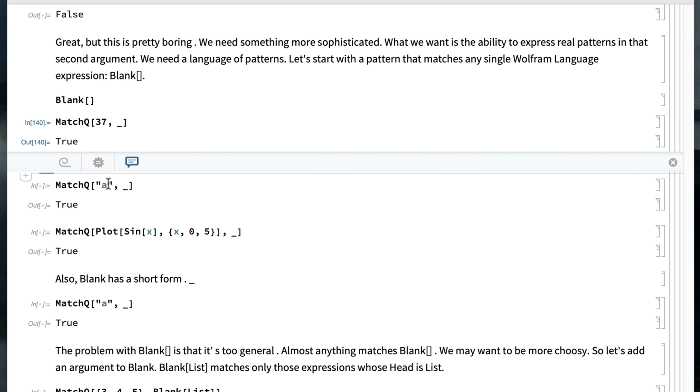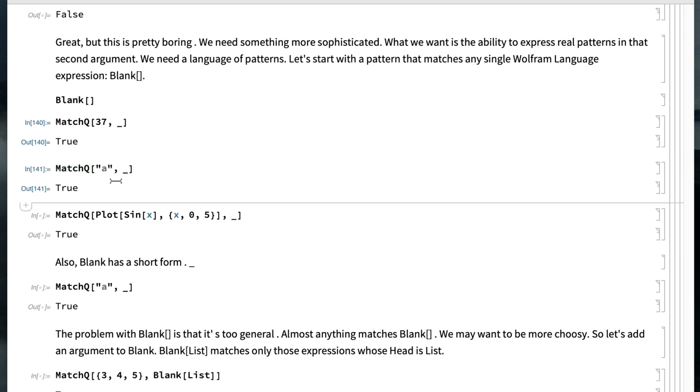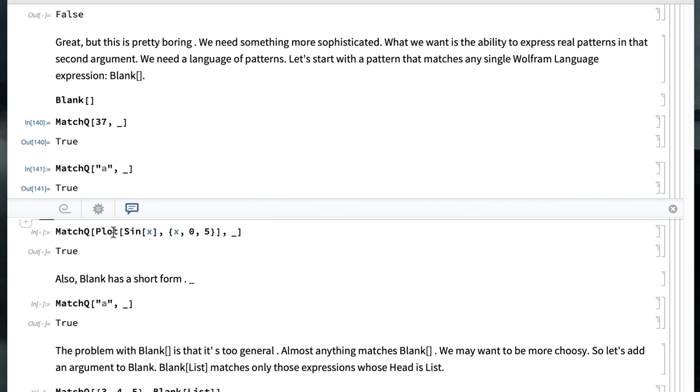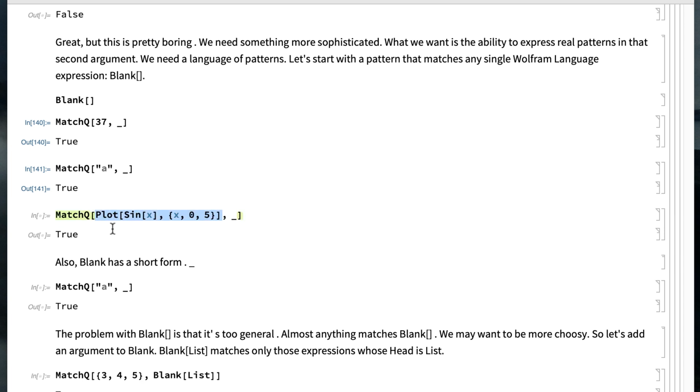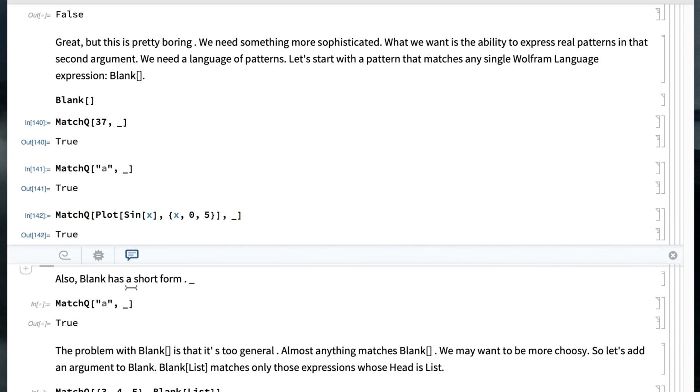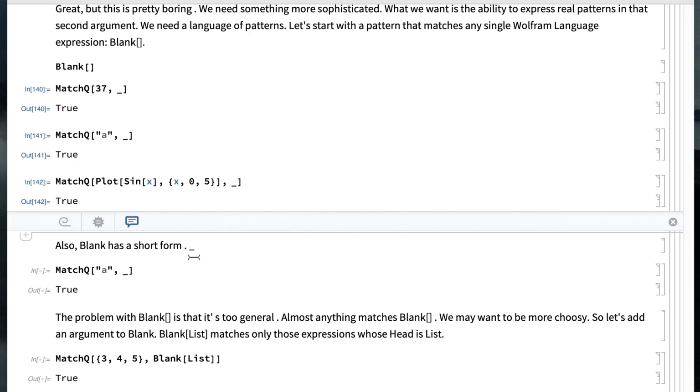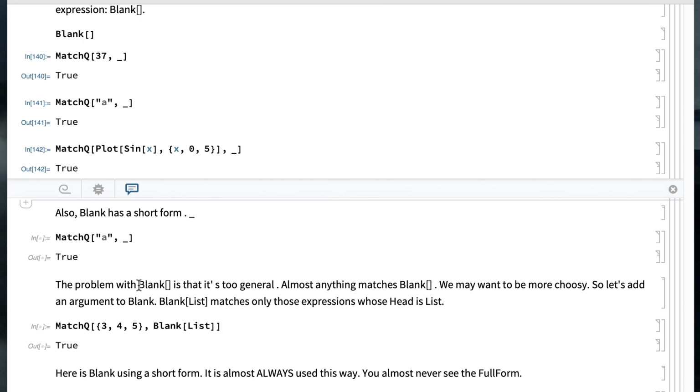Is A a single Wolfram Language expression? Yes. So it says True. Is a Plot a single Wolfram Language expression? Actually, it is. And so, as I've mentioned before, there is a short form, which is the underscore for Blank. But the problem with Blank is it's like the person who says yes to everything. It's the ultimate yes person. So we want to be more choosy.